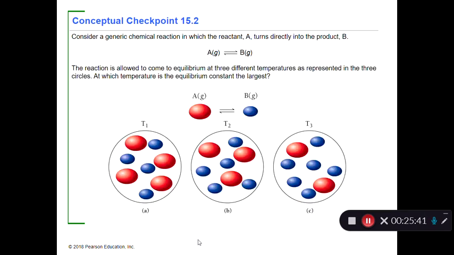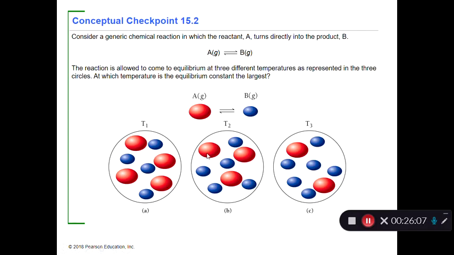Let's look at this example. We have this general information. A is going to produce B, B is going to produce A. Forward reaction, reverse reaction. We reviewed this reaction at three different temperatures.